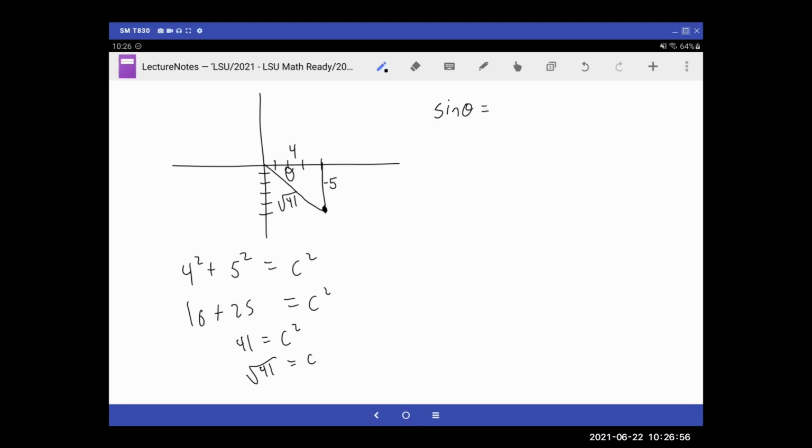Sine, opposite over hypotenuse. Okay, cosine, adjacent over hypotenuse. Tangent, opposite over adjacent.